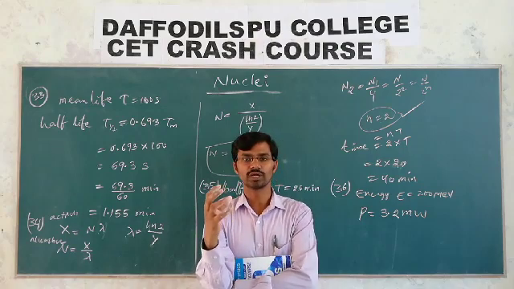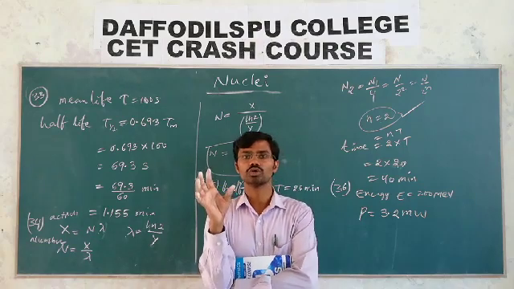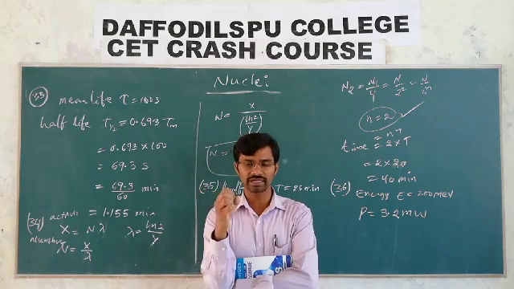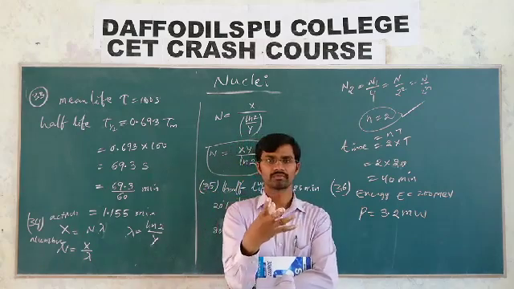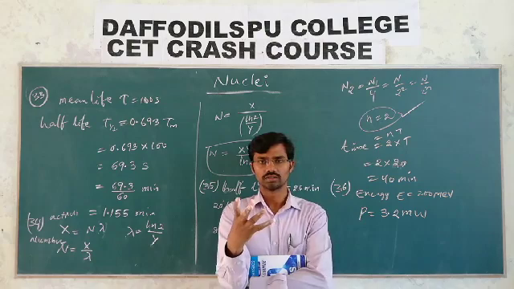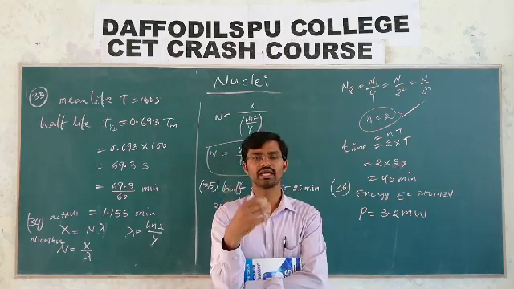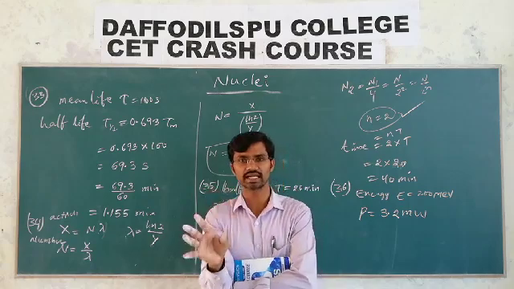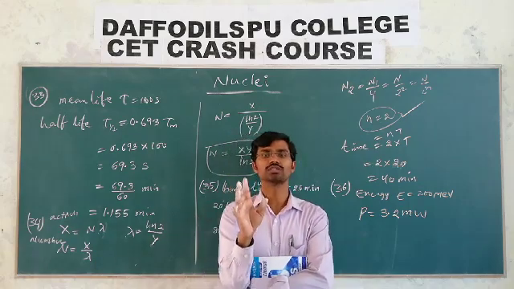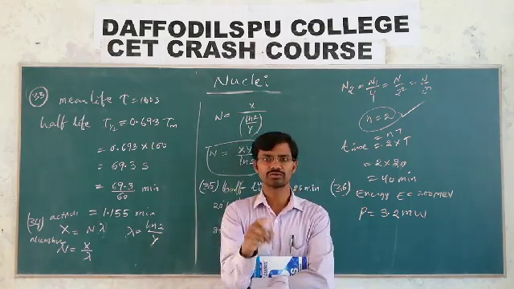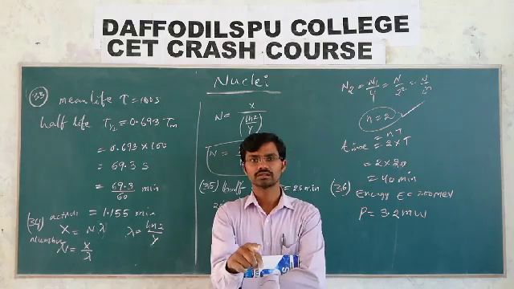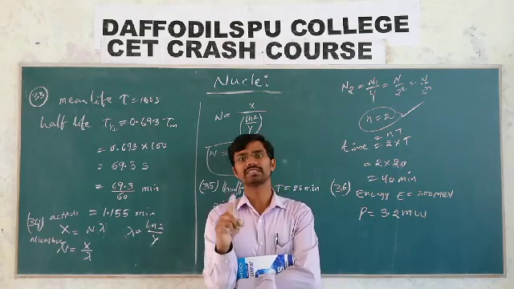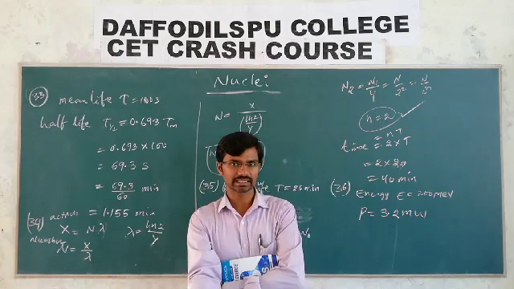What do you mean by nuclear fusion? If two lighter nuclei combine to form a heavier, single nucleus, that process is called nuclear fusion. The hydrogen bomb is based on nuclear fusion, whereas the atom bomb is based on nuclear fission.